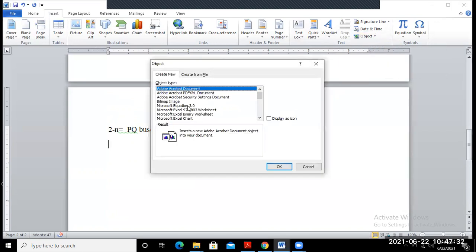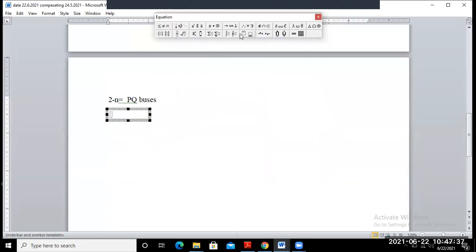Okay, so the complex power injected at the ith bus, Si equal to P plus jQ, or it may be written as Vi Ii conjugate.